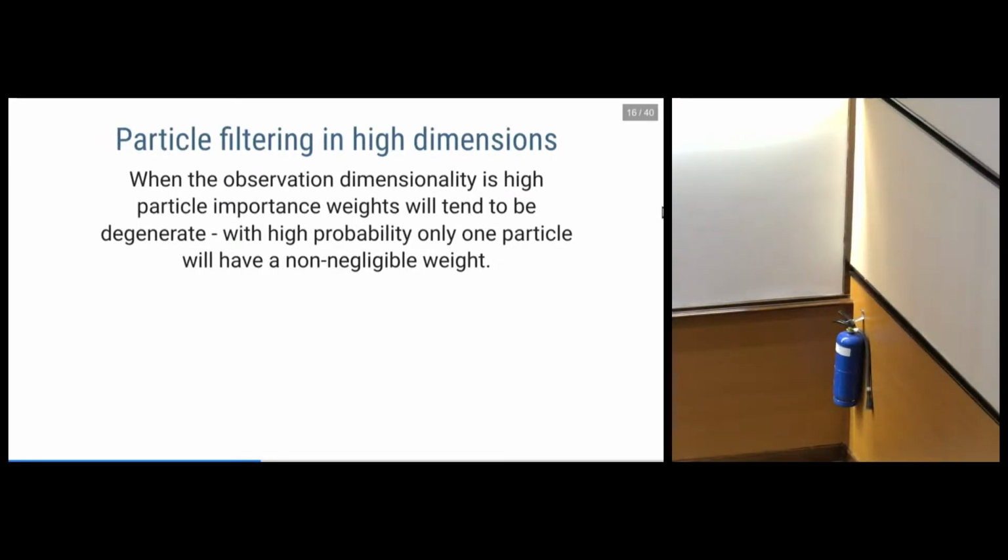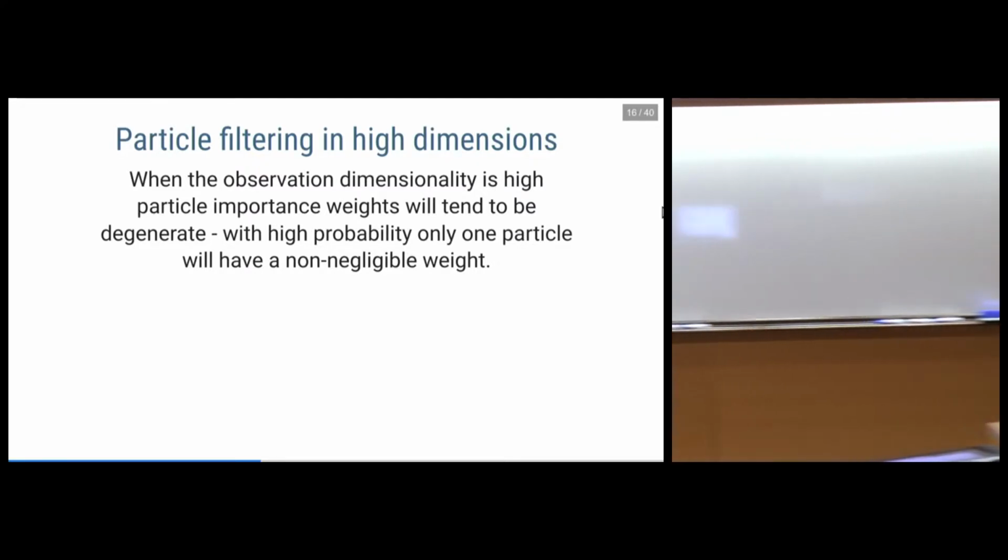As I alluded to at the start of the talk, typically we would expect particle filtering in high dimensional settings to perform quite poorly. In particular, if the observation dimensionality is high, the particle weights will tend to become degenerate.